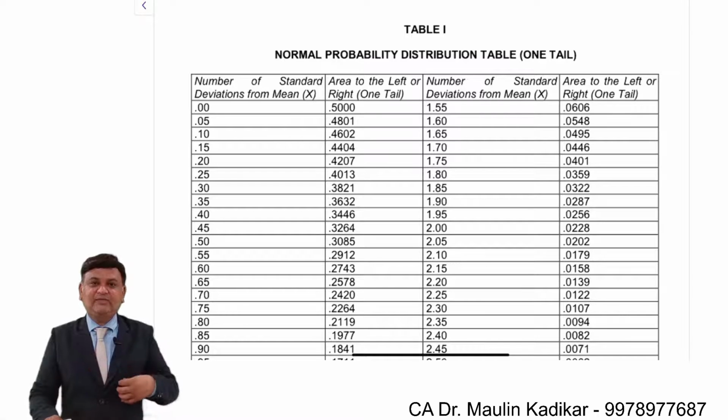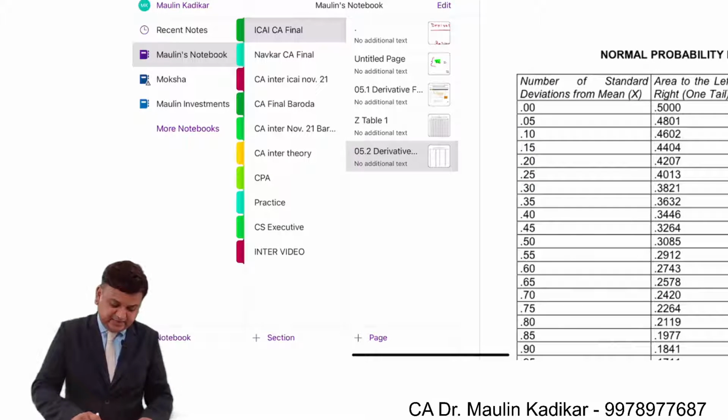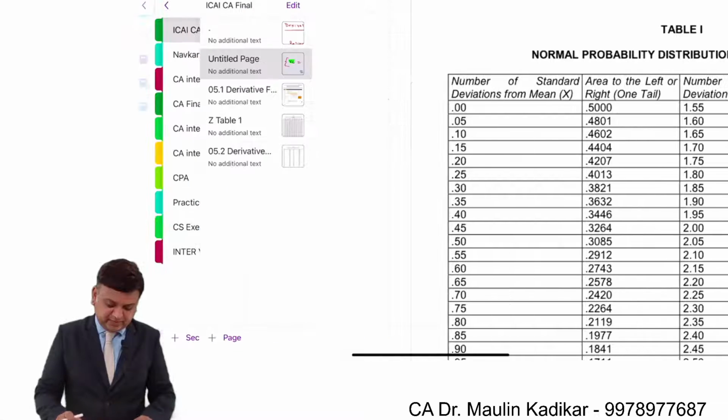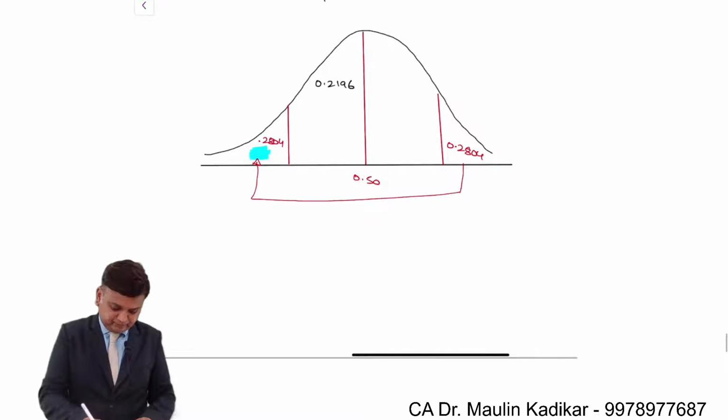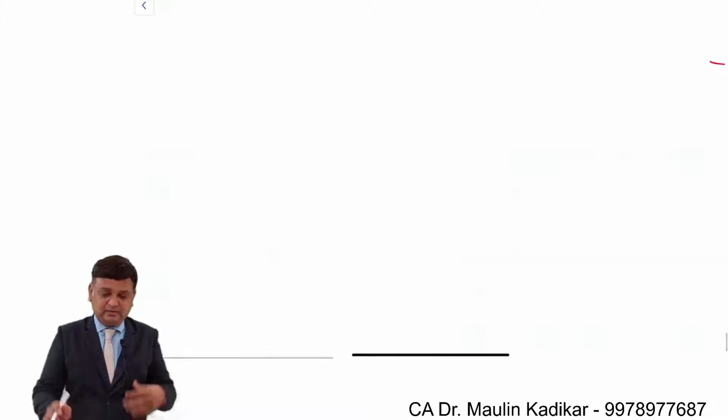Now friends, I am just giving explanation to you about the different kind of tables that may be provided to you. Now to explain that, I am taking a constant value, for the purpose of discussion. Because in examination it may happen that you are provided with a different kind of table.